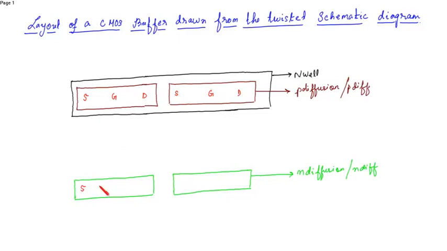Similarly for the NMOS, source, gate, drain, source, gate and drain. So first we will draw the gate. We know in an inverter the gates of the PMOS and NMOS are connected.